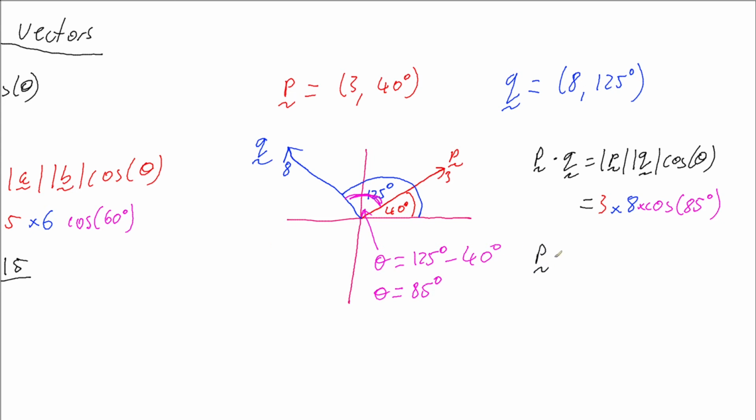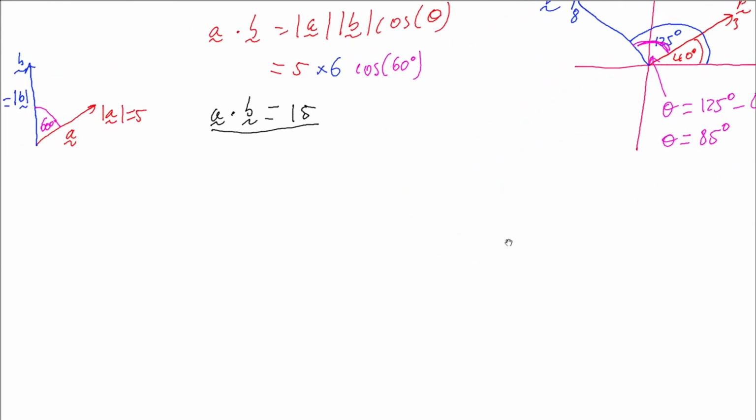If we work this out, P dot Q, the scalar product of these two, is 2.0917, or 2.09. So that's our answer for those two.